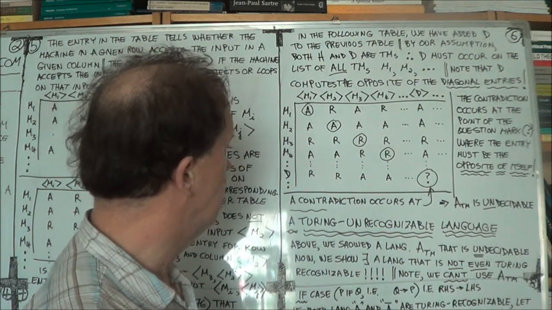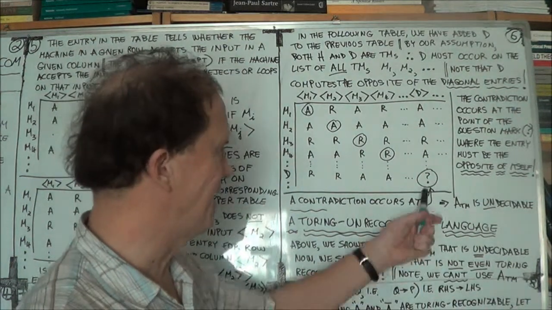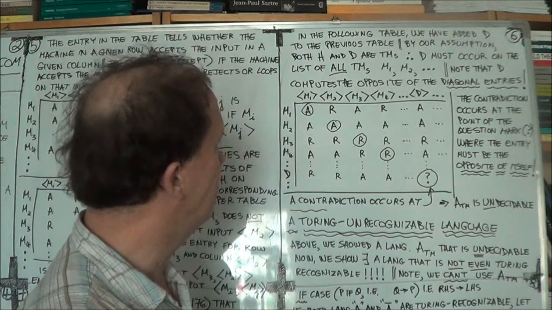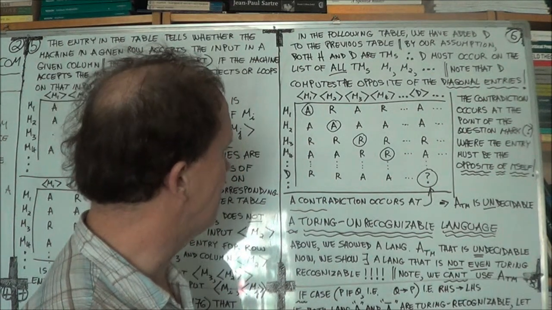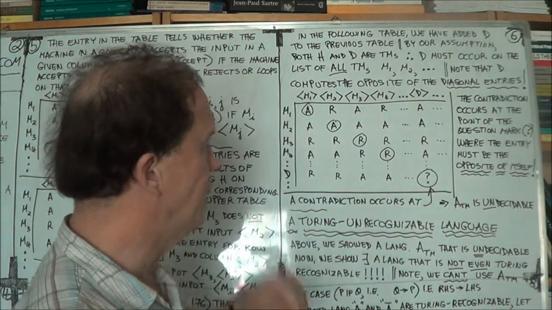But what do you have here? Right, you get a question mark, right? Just what do you have there? So you've got yourself a contradiction.